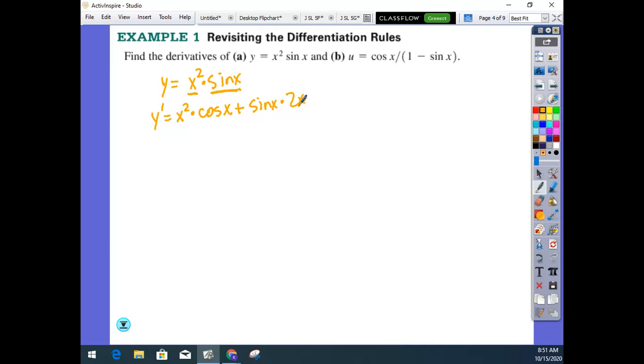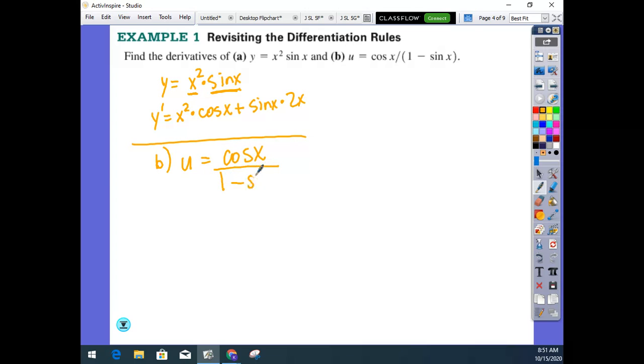All right, letter B tends to be a little bit more involved. First of all, it's a quotient. With this being u, I'm actually going to write this du dx. You can write u prime if you want.